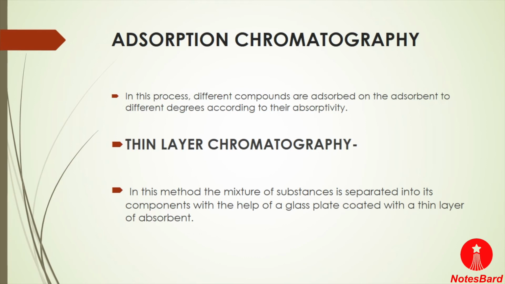Here the plate is named the chromatoplate, and the solution of the mixture to be separated is applied as a small spot at a distance of 2 cm above one end of the plate. These different components of the mixture move to different heights, and that's why they are separated.